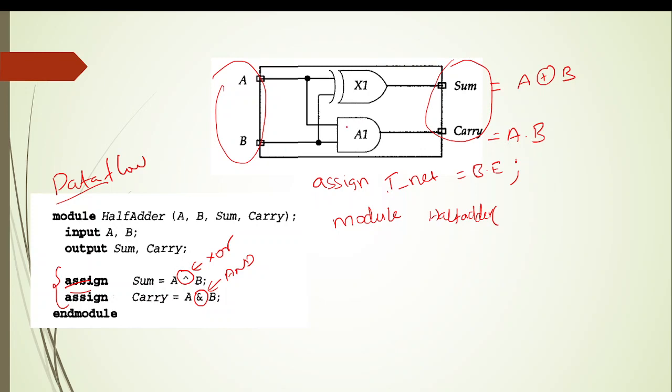We call these port signals. I'll write A, comma B, comma sum, comma carry. These are all my port signals. I don't bother about the internal signals, and then I terminate the first line using a semicolon. That is very important.